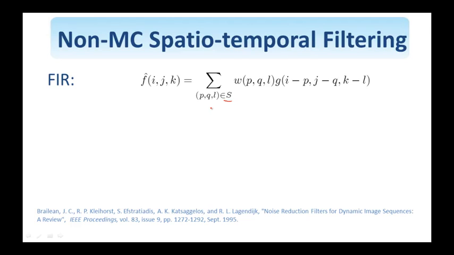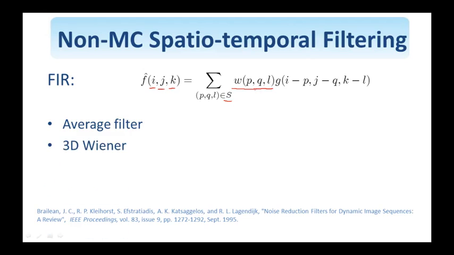Then the filtered value at location (i,j,k) is the weighted sum, based on the weights provided by the values of the filter, the weights w(p,q,l), of the pixel values in the neighborhood S. A prime example of this is the three-dimensional flat filter or the average filter. In this case, all pixels have equal weights w.